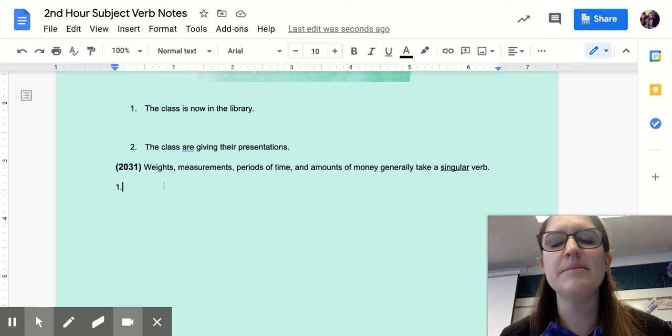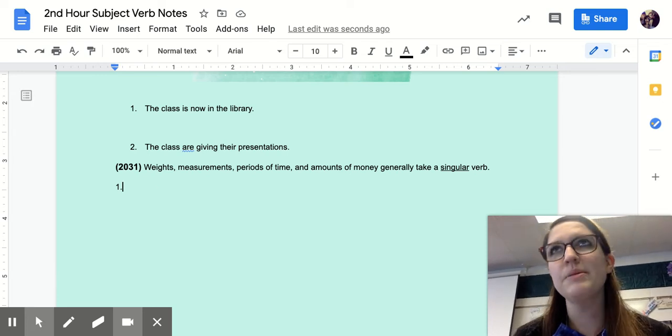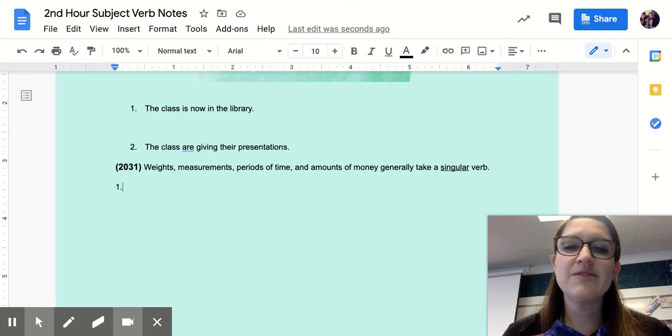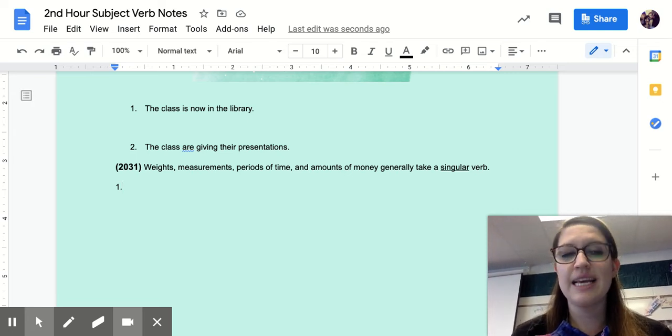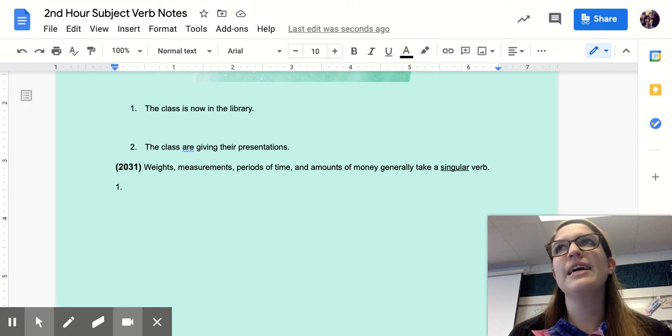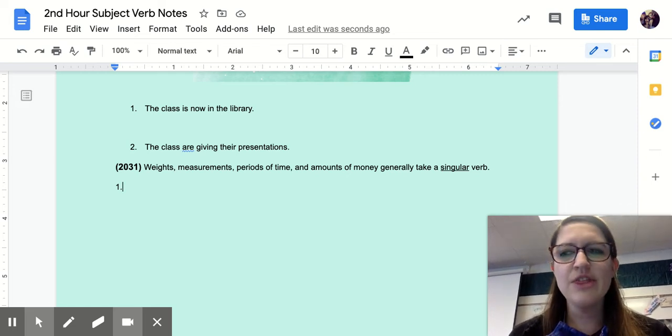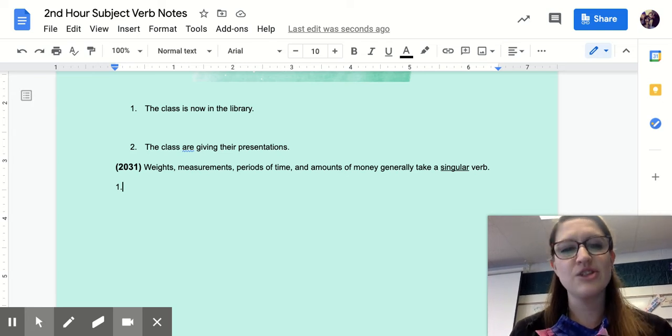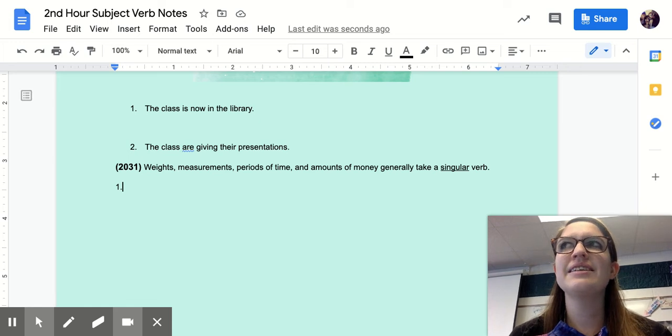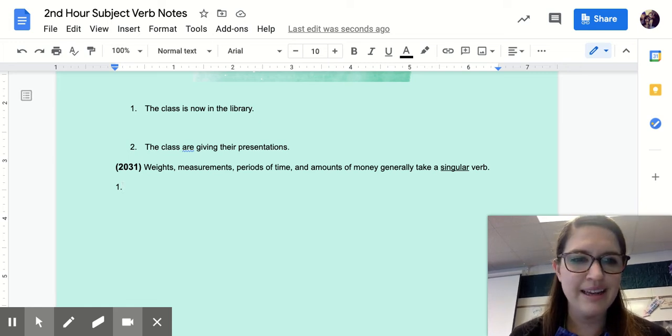Another thing that can be tricky as a rule to understand, but then makes sense when you're speaking, is that weights, measurements, periods of time, and amounts of money generally take on a singular verb. So, like 10 pounds or $10, those seem like they should be plural because there's $10. But you wouldn't say $10 are a lot of money, right?